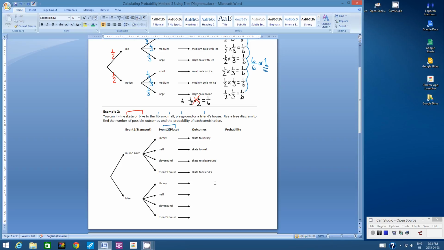Okay, so the first four outcomes, I finished them. We have skate to library, skate to mall, skate to playground, skate to friends. All right, so how about the next set of outcomes? They're going to be totally different, aren't they? Now remember, now we're on the branch or the stem that has to deal with bike.